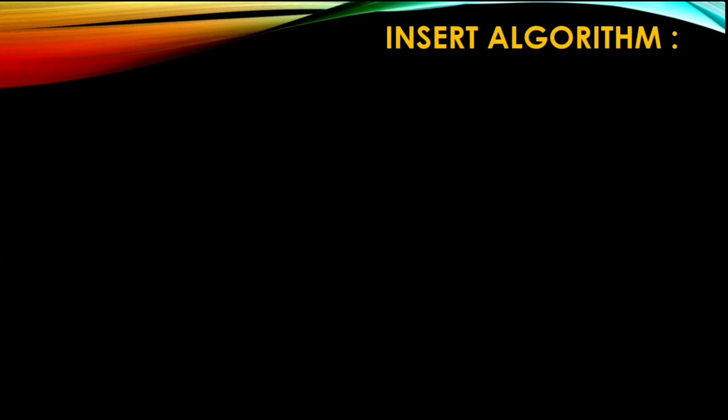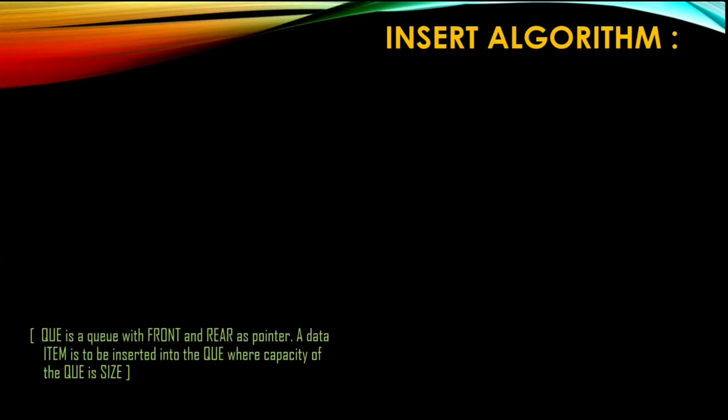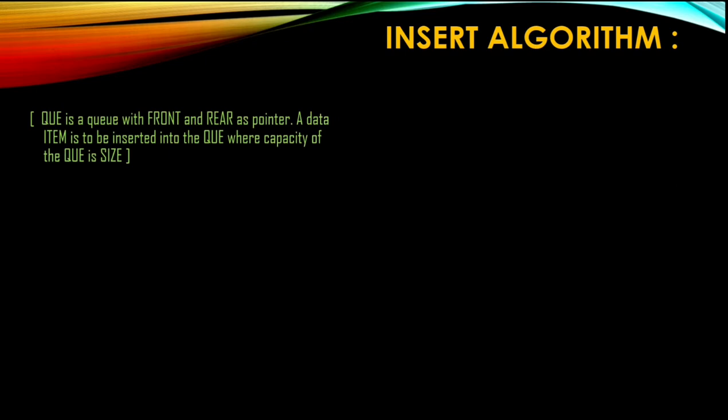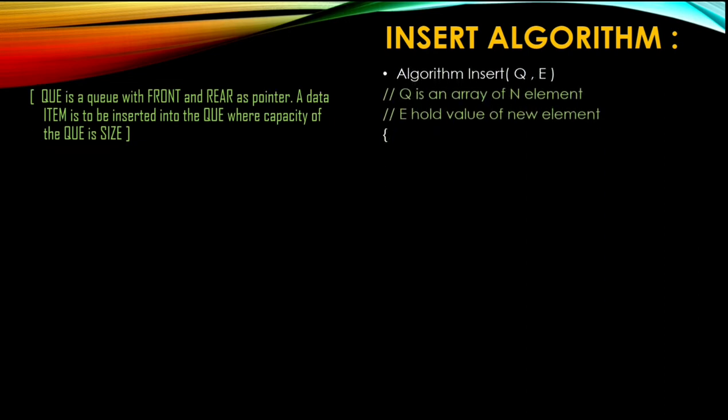Now, moving further with the algorithm. Now I'm moving further with the insert algorithm. See, QUE is a Q with front and rear as pointers. A data item is to be inserted in Q and the capacity will be size. We can write in this way also.